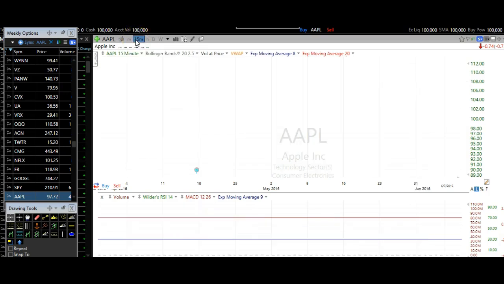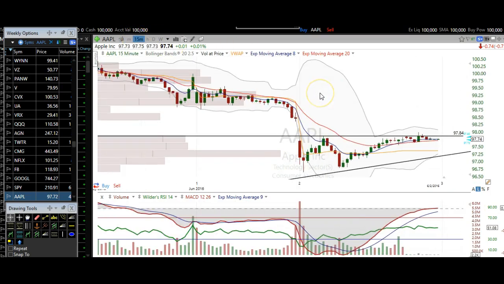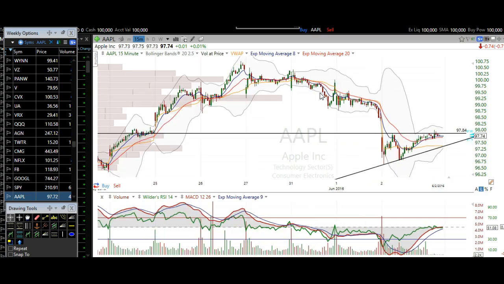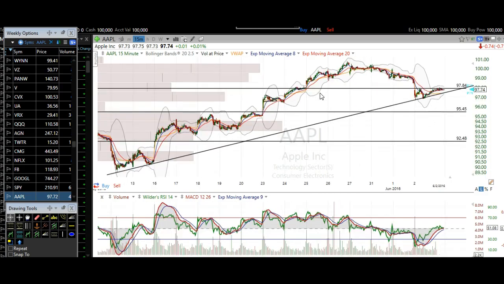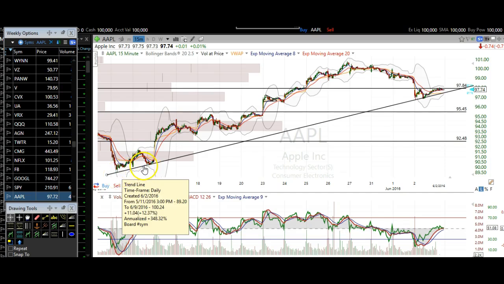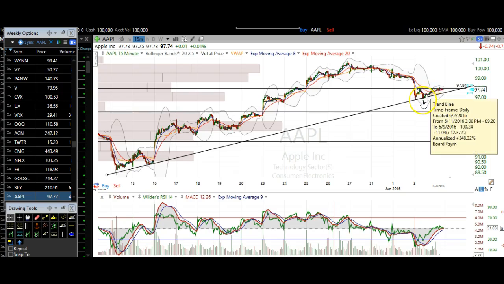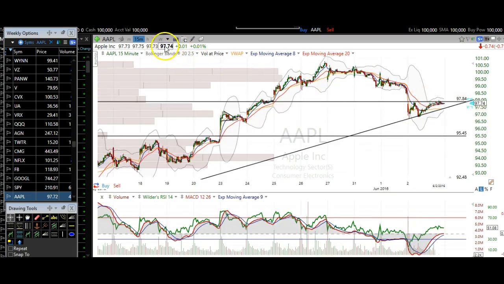And I'm going to show you the 15-minute chart because you can see this trend line a little bit better here. So going back on the 12th and the 13th of May, right here, we've got a touch here as well as right here, and then we've got two touches again on that level right there on that 15-minute chart.